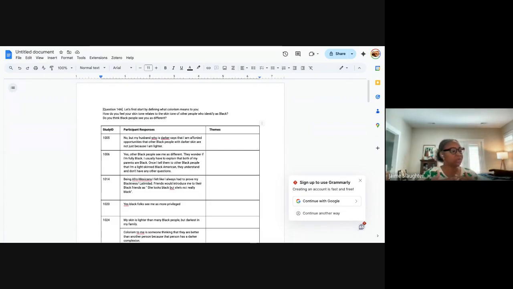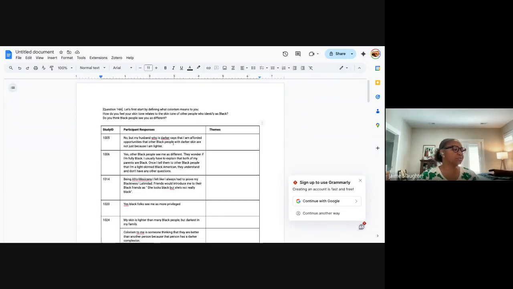And so what we wound up doing was, each participant was assigned an ID. For this particular question, we took participants' responses and put them into this table. My team, there were probably four of us total, all had access to this document.